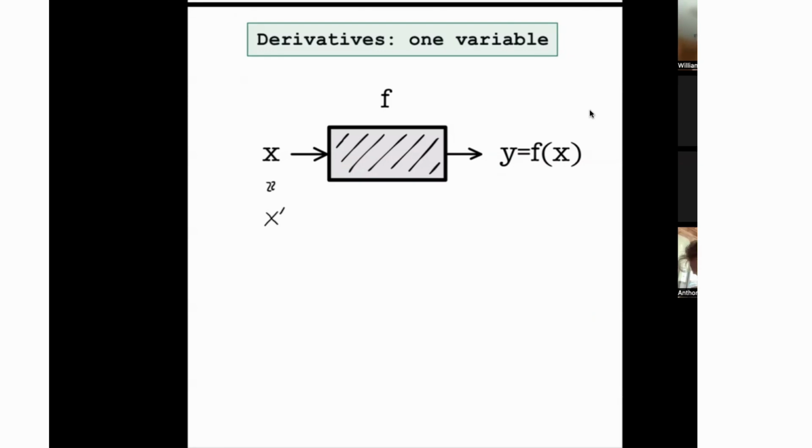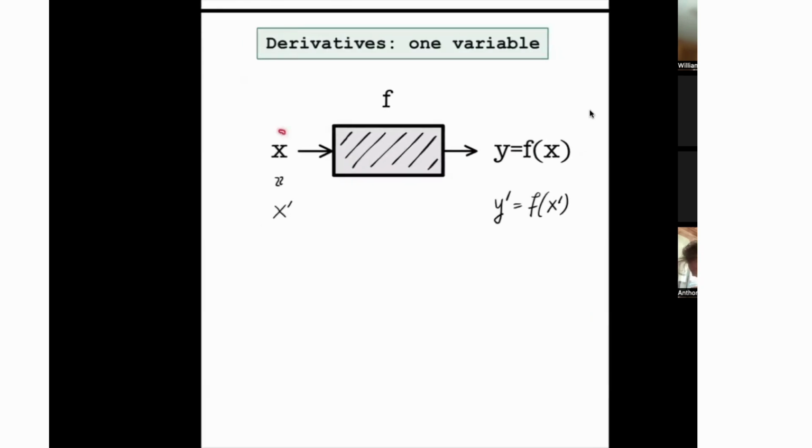So if I plug in x prime instead of x, the output is going to be some number y prime. This is the value of the function at x prime. And if it's a reasonable function, you'd expect that if x prime is close to x, the output y prime will be close to y. Changing the input produces a corresponding change in the output.